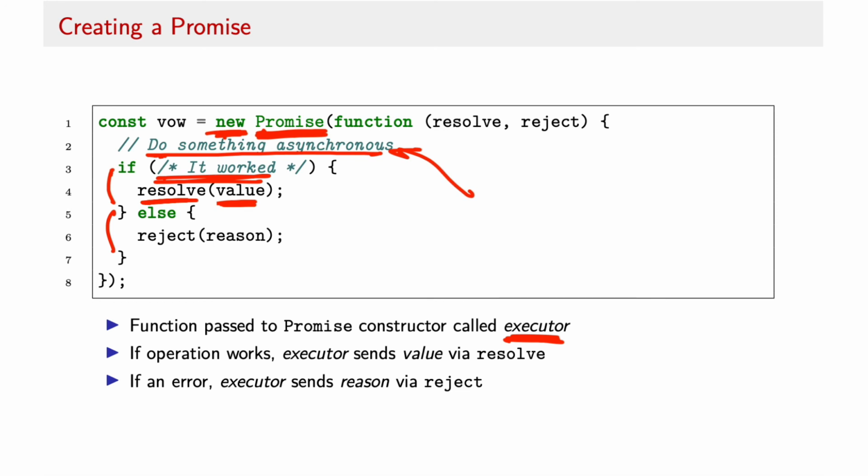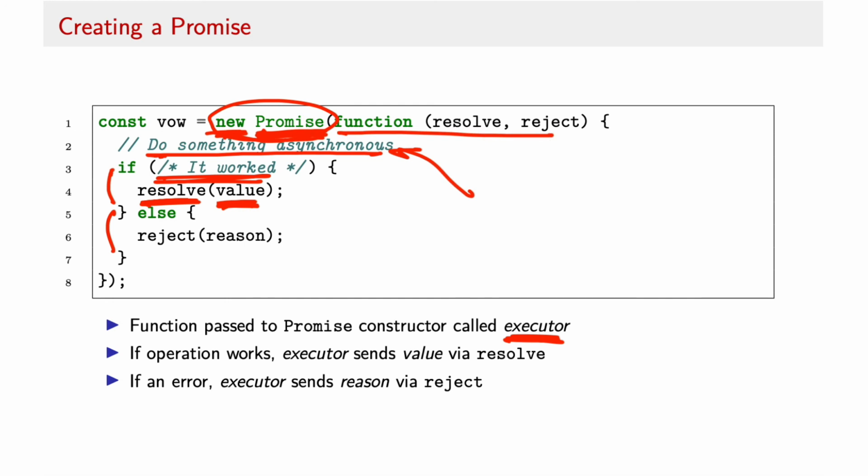So that file contents we could pass as this argument to the resolve function. Now, what in the world is the resolve function? Well, this is something that's passed to us when we construct this promise, right? So the promise constructor that's being called here expects to get a function.